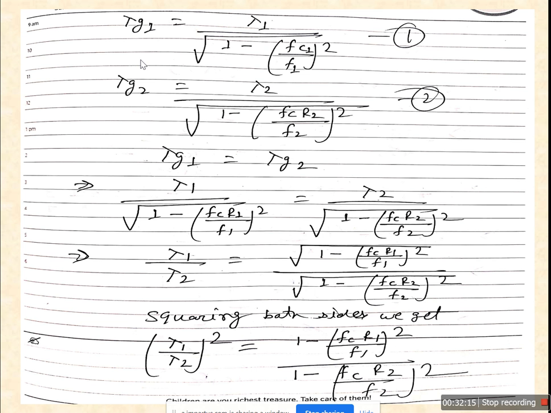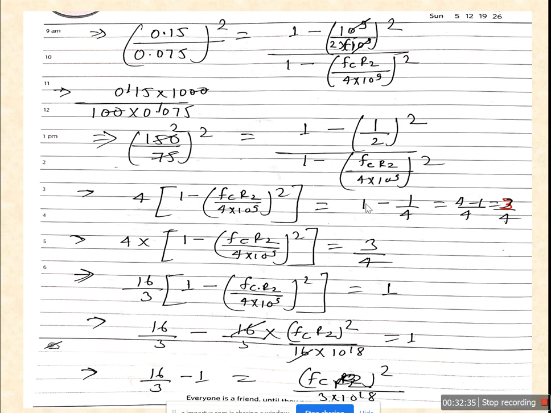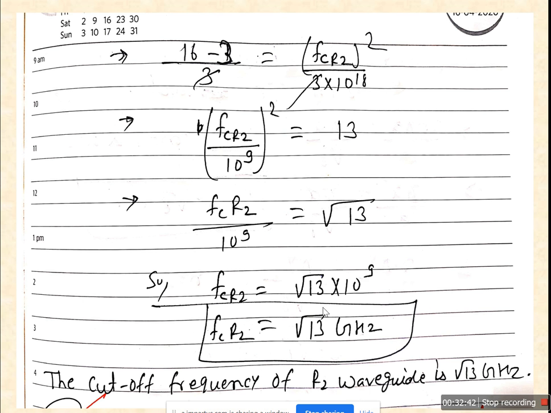So it is clearly mentioned the guided wavelength at the respective frequency is equal, lambda g1 equals lambda g2. After comparing and putting all these values and solving, you will simply get fc R2 is under root 13 GHz.